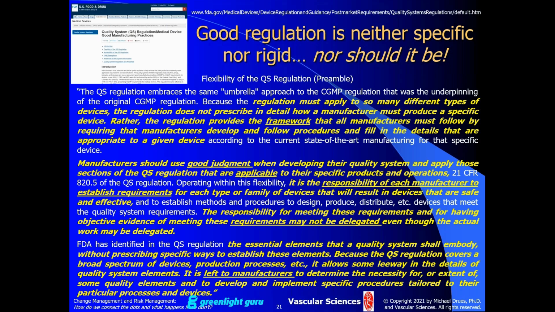I would argue it allows a lot of leeway in the details of those quality system elements. It's left to the manufacturer to determine the necessity for or the extent of some of the quality elements, I would argue all of the quality elements, and to develop and implement specific procedures tailored to their particular processes and their particular devices.